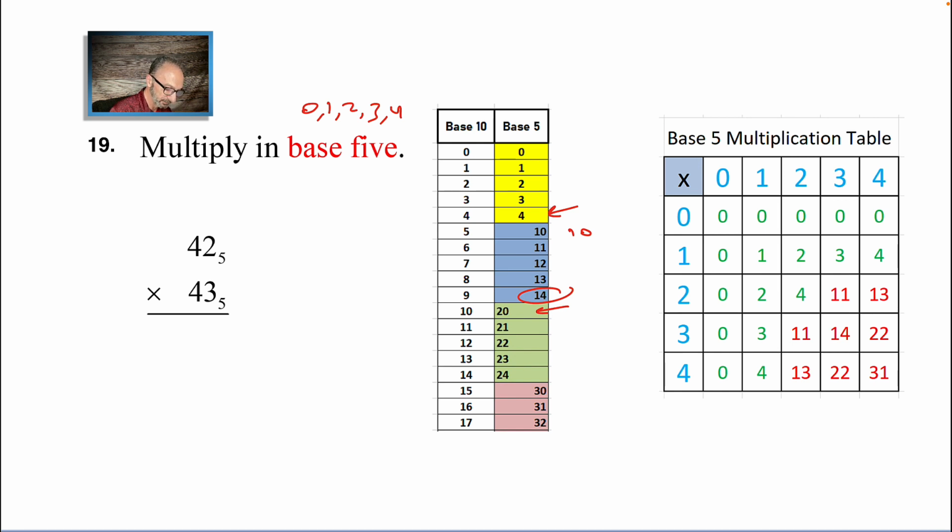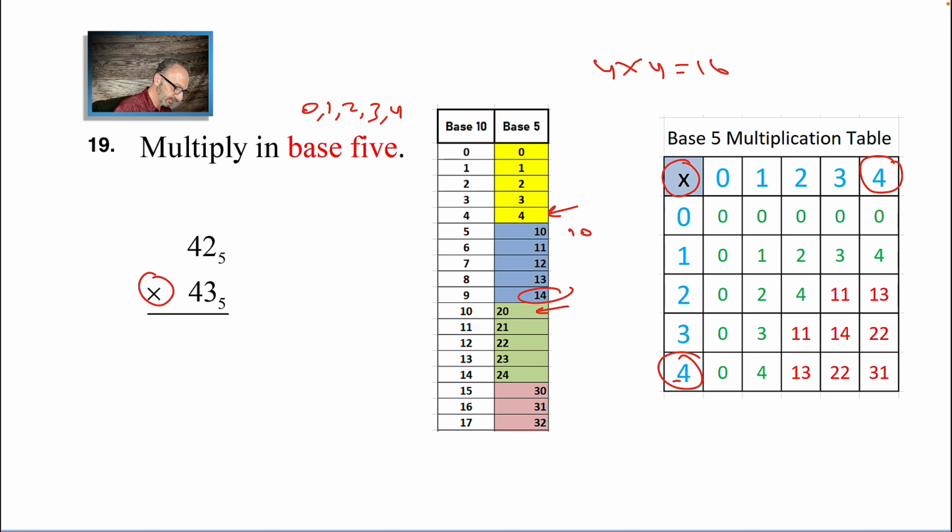Now when you multiply, since we are multiplying here, let's go 4 times 4. 4 times 4 is 16.